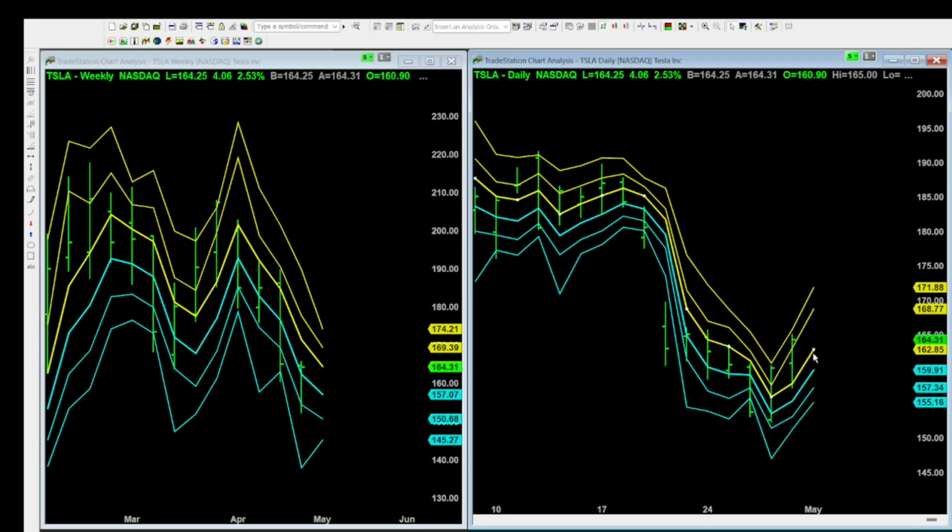But if it drops below this yellow trend line, it may have a tendency to recover around $159.9.